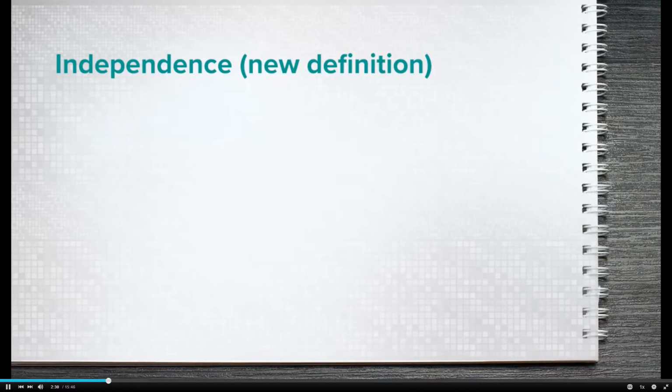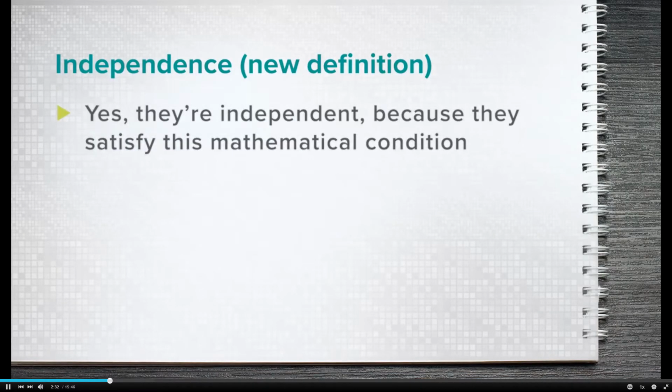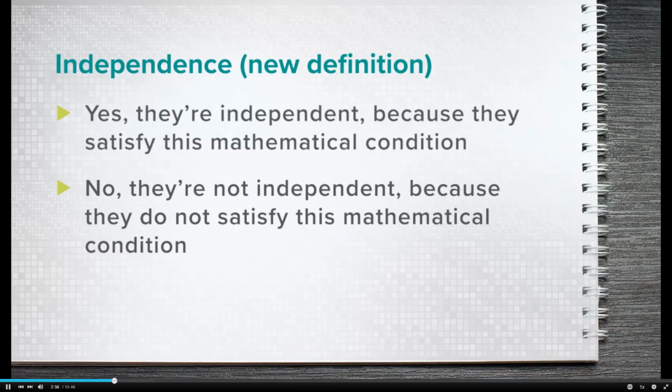That's our old definition. I want you to start thinking of our new definition, which is, yes, they're independent because they satisfy this mathematical condition. Or, no, they're not independent because they do not satisfy this mathematical condition. We'll see some examples of this now.